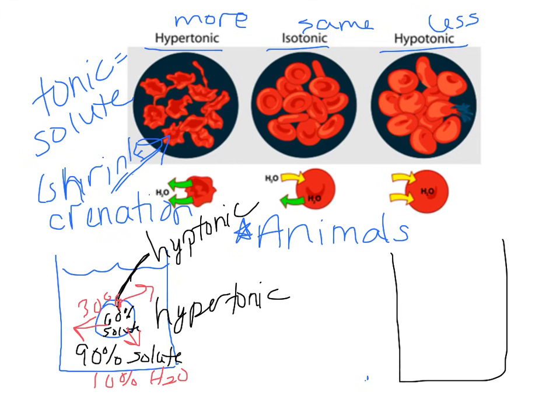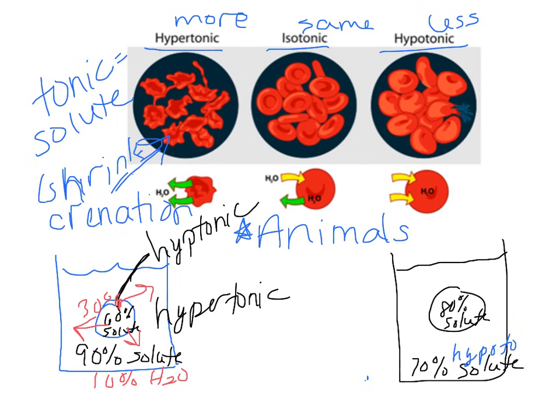So now I've got a hypotonic solution. Let's say my solution has 70% solute. My cell has 80% solute. Tonic refers to the solution. So 80 is higher than 70. So my solution is hypotonic, which makes my cell hypertonic.